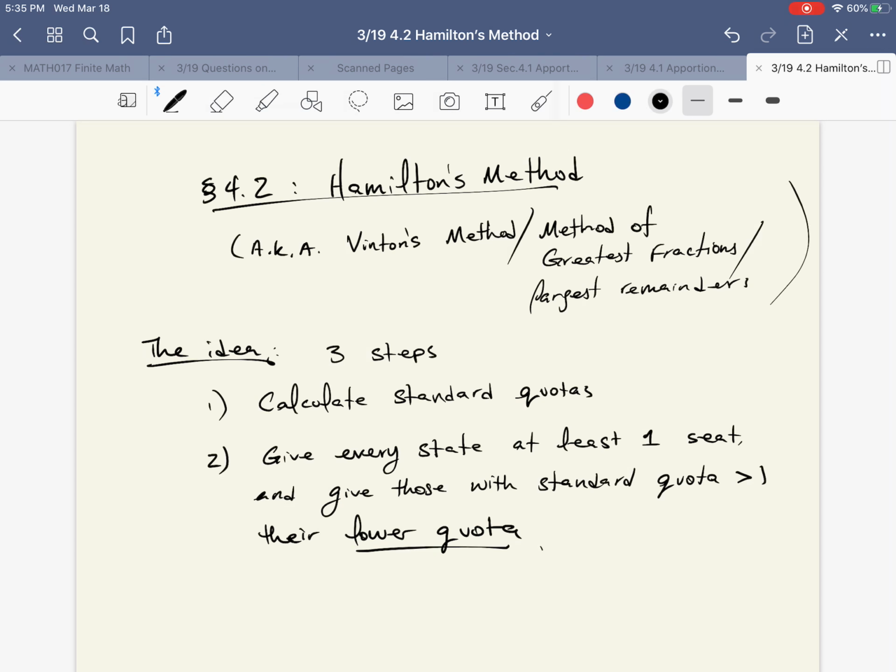Once we've done that, this is essentially like rounding everybody down in our previous example. So this will give us a smaller number than the total number of seats available, so we'll have a surplus.